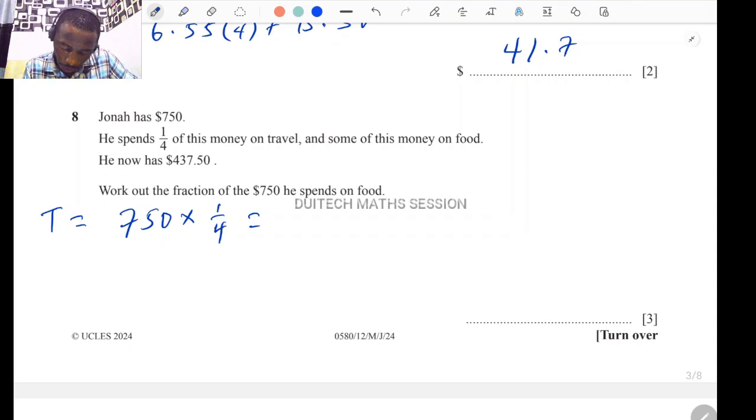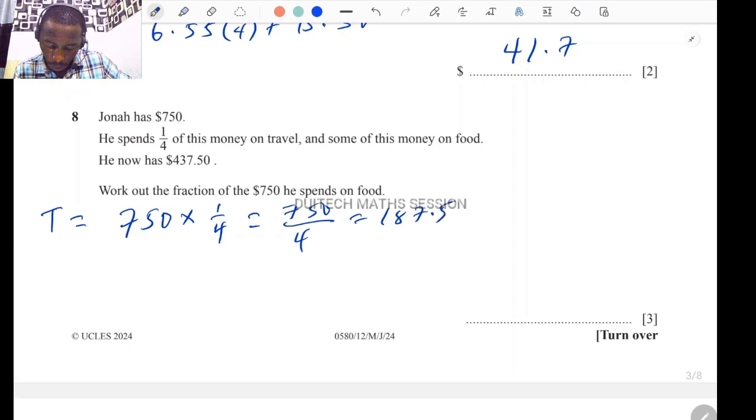It gives me what? 187.5. That's what he spent. That is what he spent on traveling.